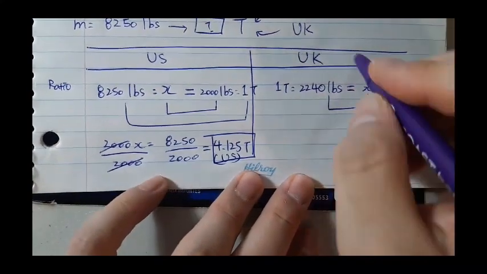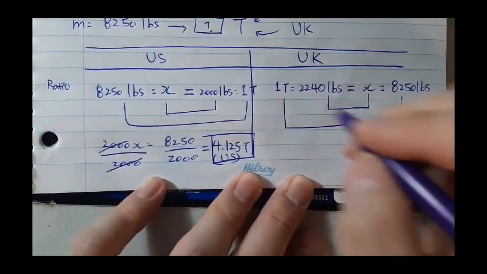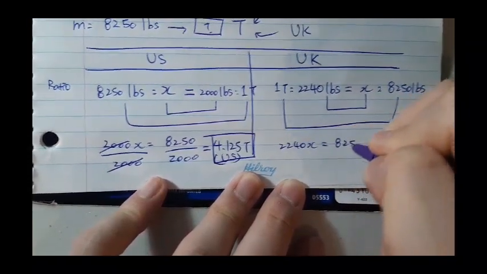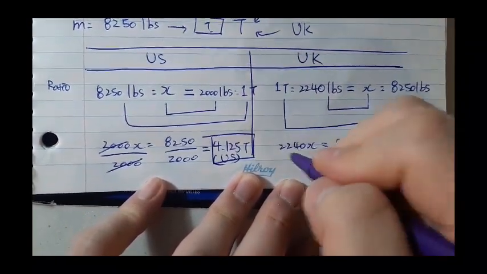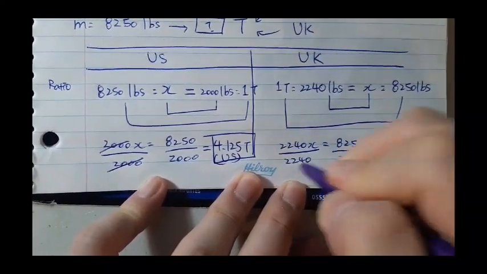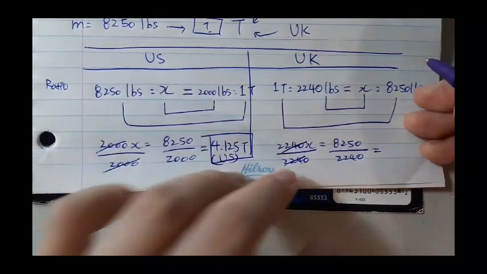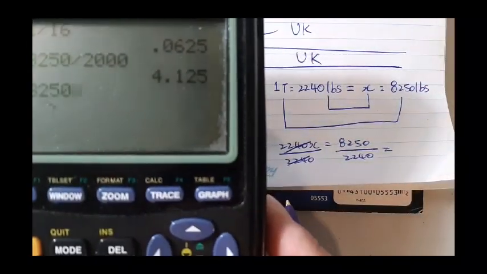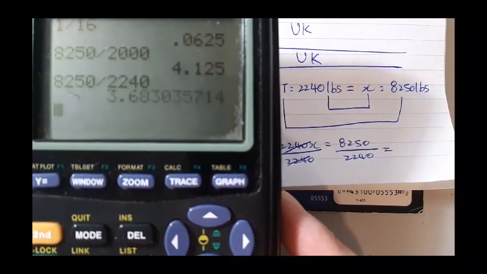What I multiply inside should be equal to what I multiply outside. 2240x is equal to 8,250. Similar notion, just divide 2,240 on both sides, and the answer will come out. 8250 divided by 2240.